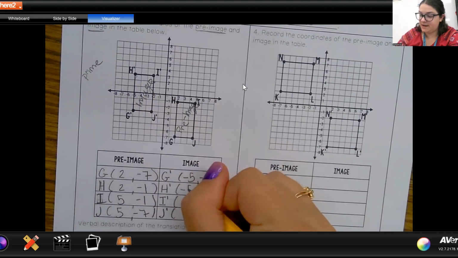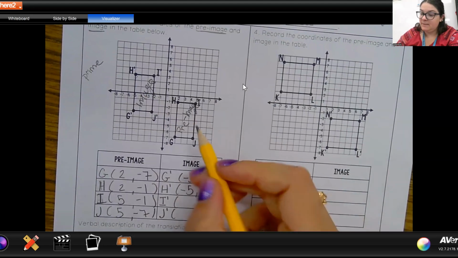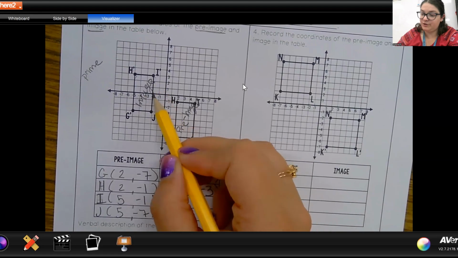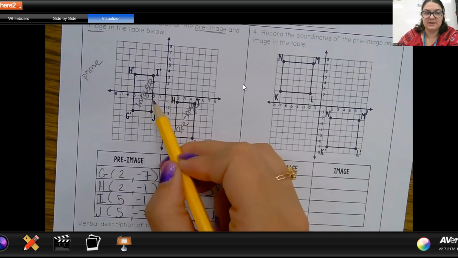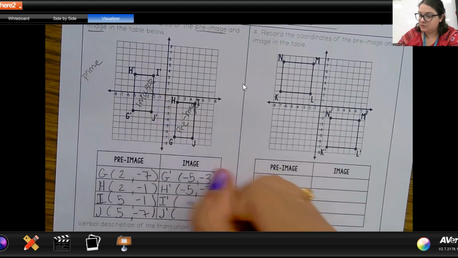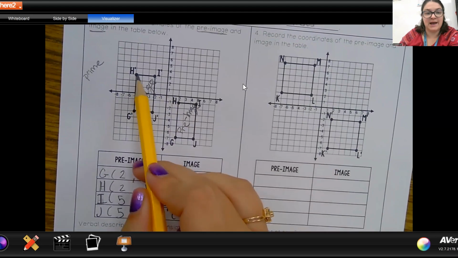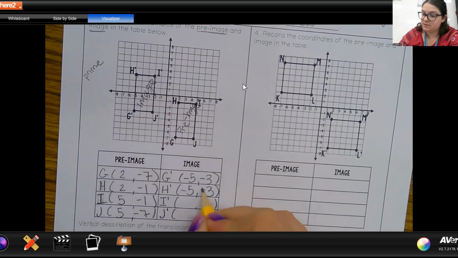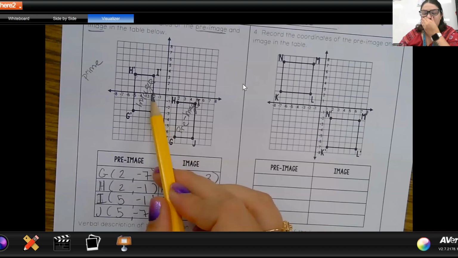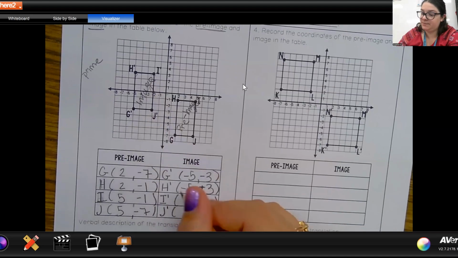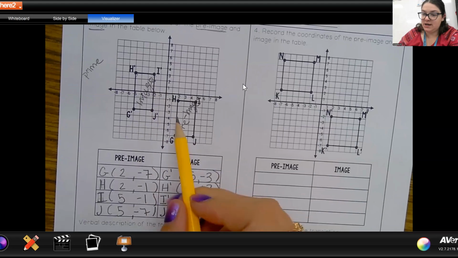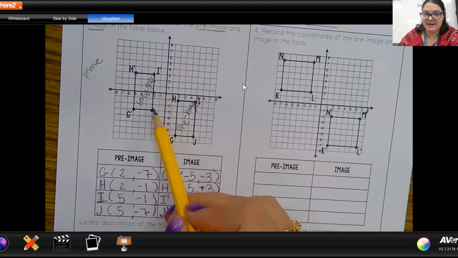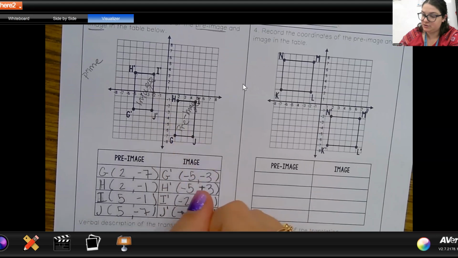So this is negative 5, positive 3. My I prime is here. So this is over 2 and up 3, over to the negative 2. Oh, this should be a positive 3, guys. Notice that I accidentally put a negative 3 here. That should be a positive 3 because I went up 3. So this is negative 2, positive 3. And then J prime is over 2 to the left to negative 2 and down to negative 3. So this is negative 2, negative 3.